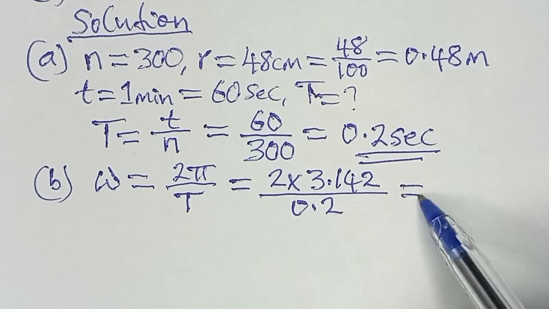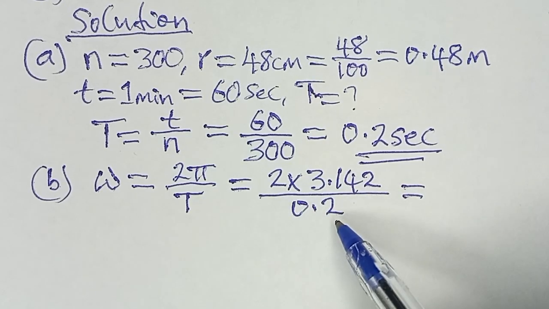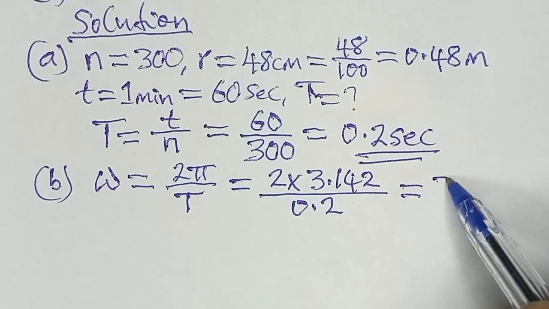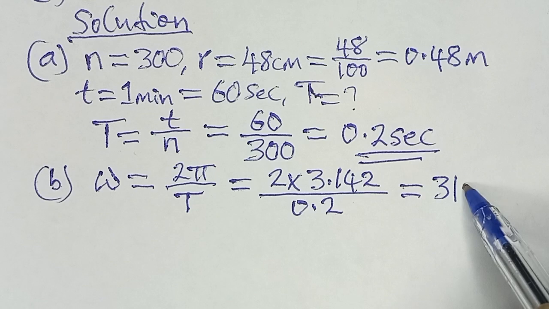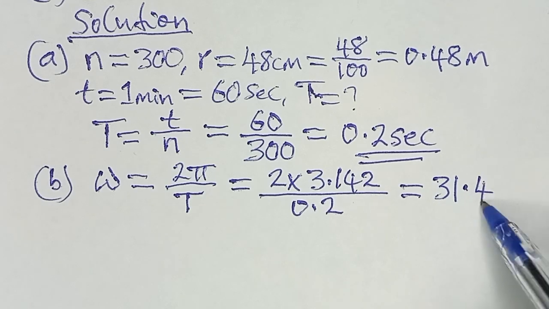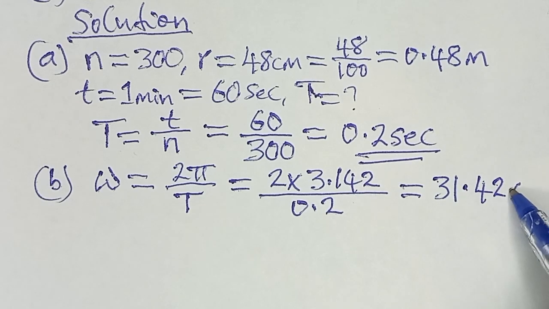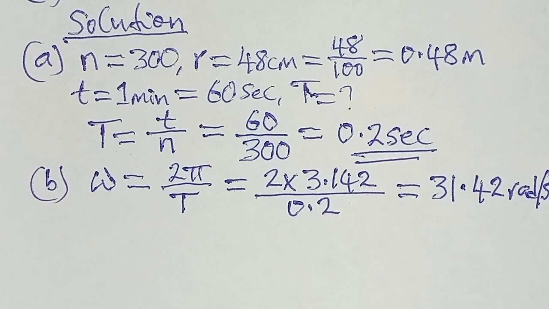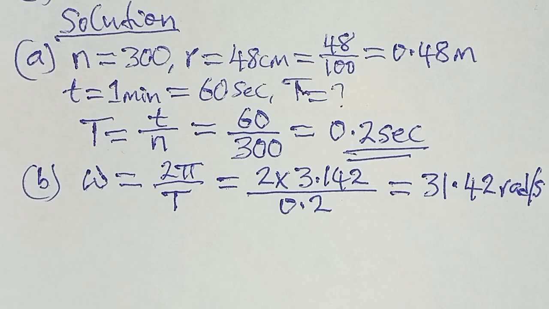By the time we multiply this out and divide by 0.2, it's going to give us the angular velocity as 31.42 radians per second. That is radians per second. So that is the value of the angular velocity.